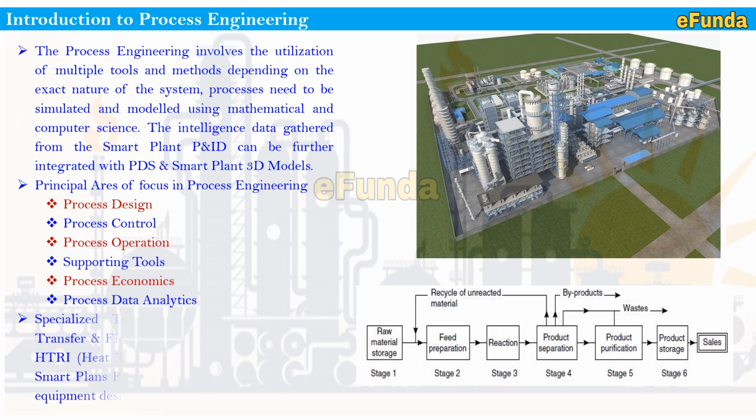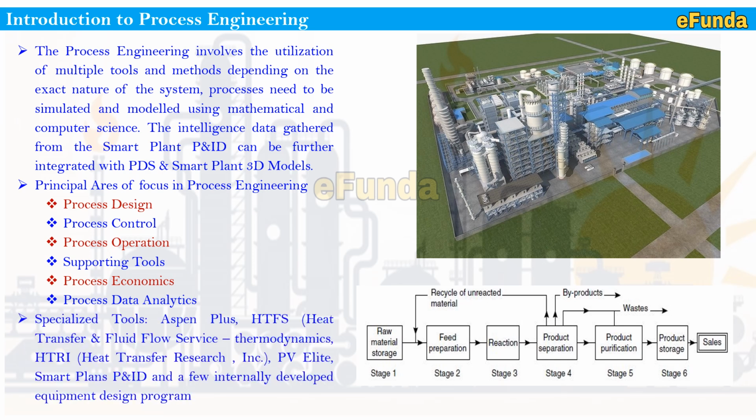Similarly, specialized tools like Aspen Plus, HTFS, that is Heat Transfer and Fluid Flow Service, thermodynamics, HTRI, that is Heat Transfer Research, Inc., PV Elite, Smart Plant P&IDs, and a few internally developed equipment design programs can help a process department or process engineering team to do the process simulations, etc.